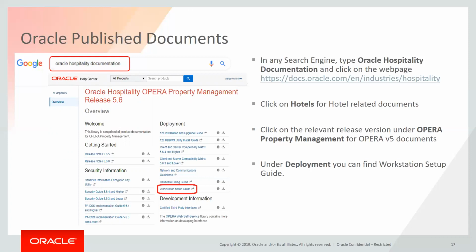You can go to any search engine, type Oracle Hospitality documentation, and click on the web page. Under that, you will see a hotels section, and under the hotels section, you can click on Opera Property Management for Opera V5 documents. Under V5 documentation, you have deployment, where you can look for a workstation setup guide. So what Maria has covered, we can see under the documentation guide as well.